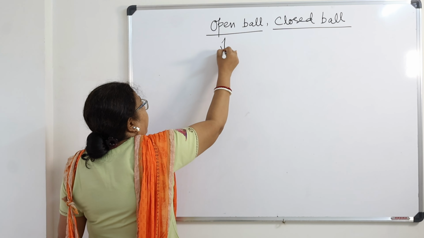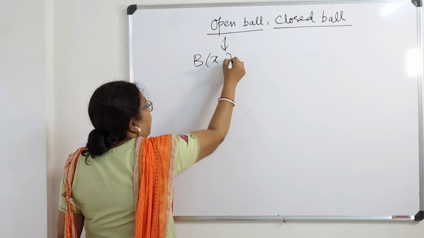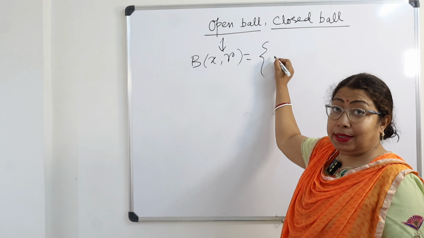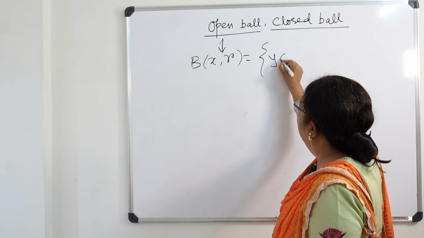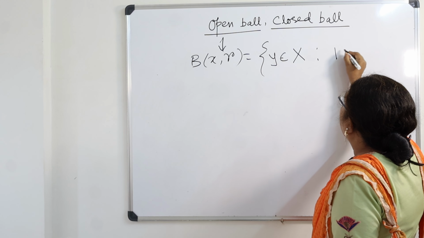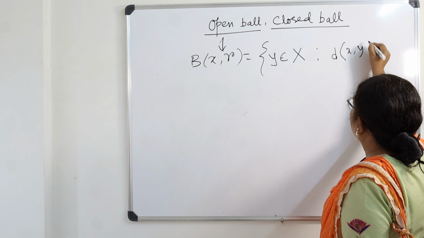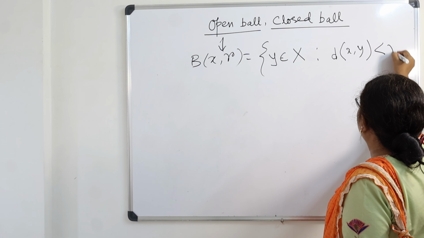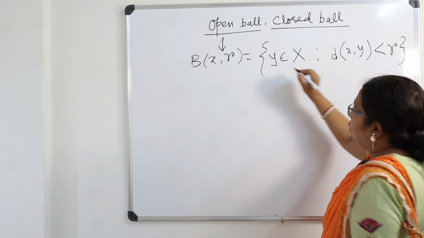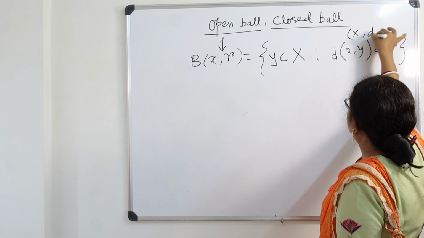The open ball, usually denoted by B(x, r), is the set of all those y in capital X such that the distance d of x and y is less than r. Note that here obviously the metric space is (X, d).